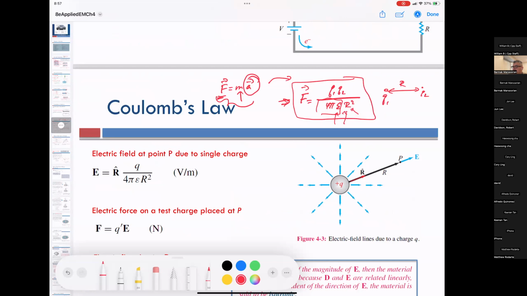The electric field, along with gravitational fields, were both discovered. I'd say the electric field, in terms of Coulomb's law and so on, was in the 1700s, and I think gravitation was around the same time, 1600s, 1700s.